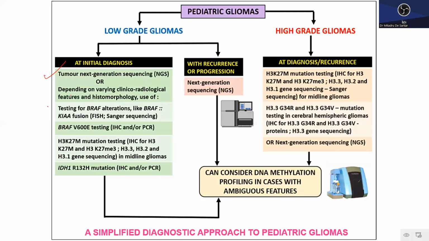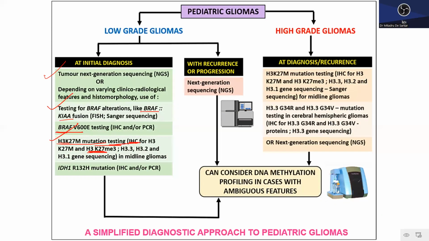More often, you will find yourself testing for BRAF alterations, especially for fusions of the KIAA1549-BRAF gene, and BRAF V600E testing with IHC or PCR. You will have H3K27M mutation testing, because some of your diffuse midline gliomas could actually look like a low-grade glioma. So you will do an IHC for H3K27M, and if you have it, also H3K27 trimethylated histone.